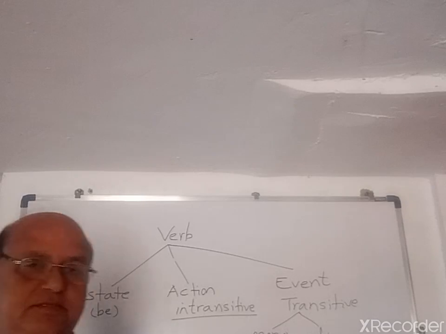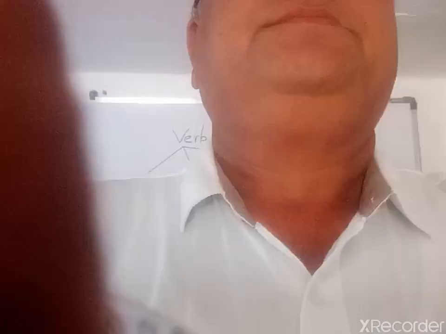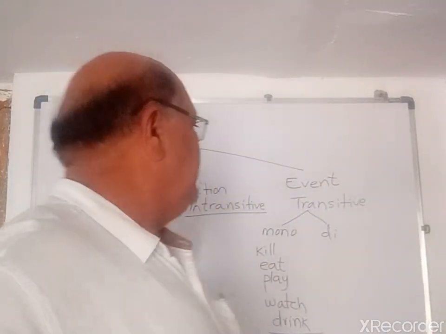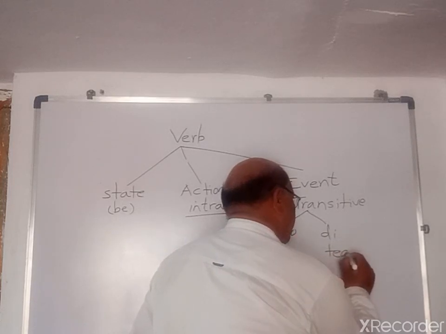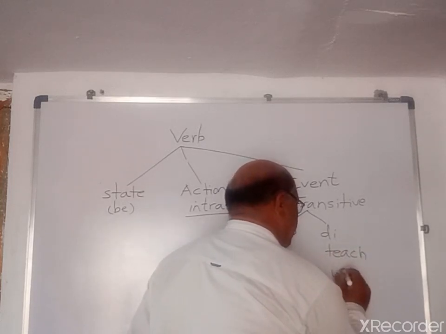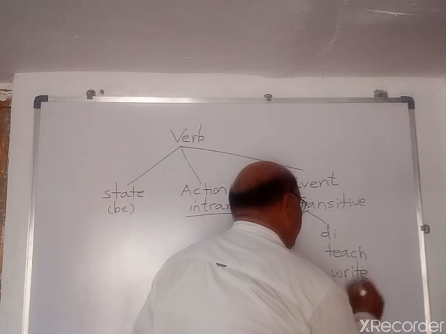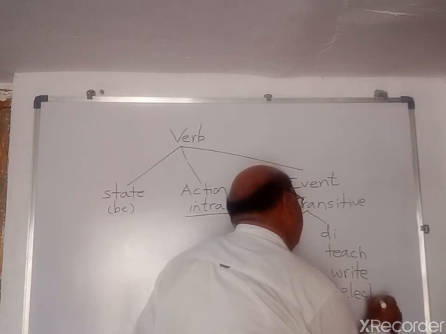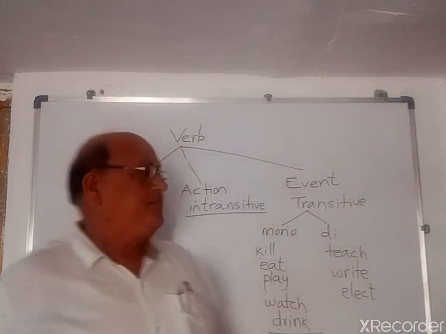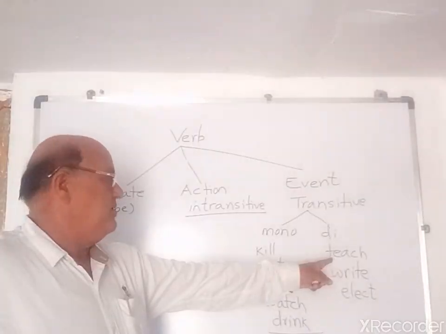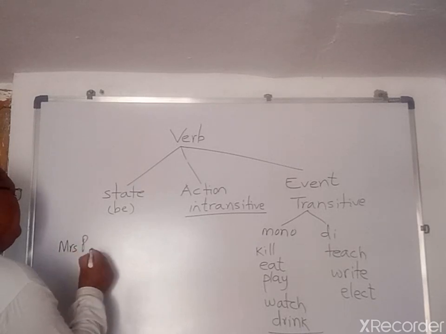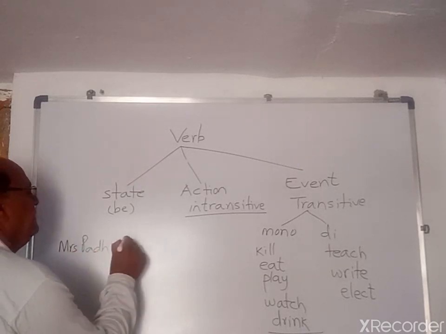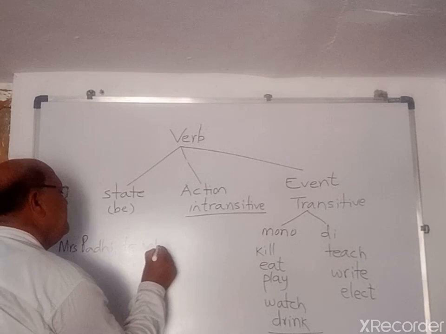SVO types of sentences. And we have ditransitive verbs. In ditransitive verbs we have teach, write, elect, etc. Suppose I use one ditransitive verb, Mrs. Padhi teaches.